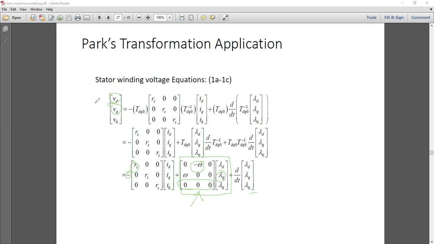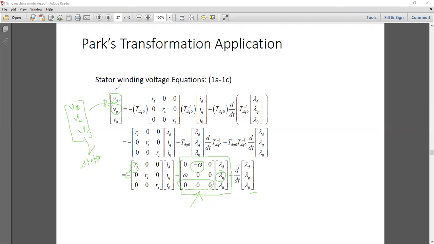So these VD, VQ, and V0, remember, these 3 are actually the outcome of applying some Parkes transformation matrix over our ABC reference frame voltages. Okay. And these ABC reference frame voltages are actually linked up with the stator coils. Okay, stator coils.